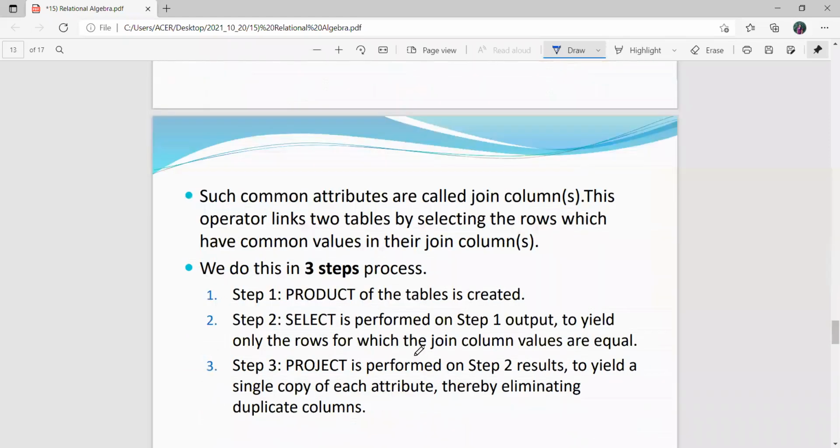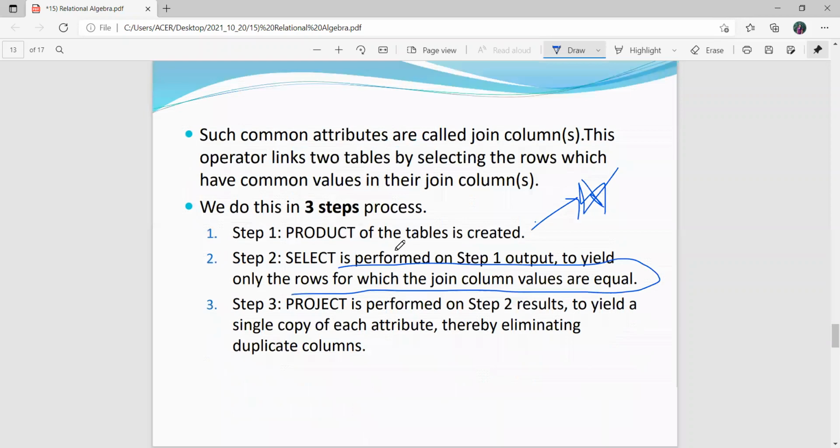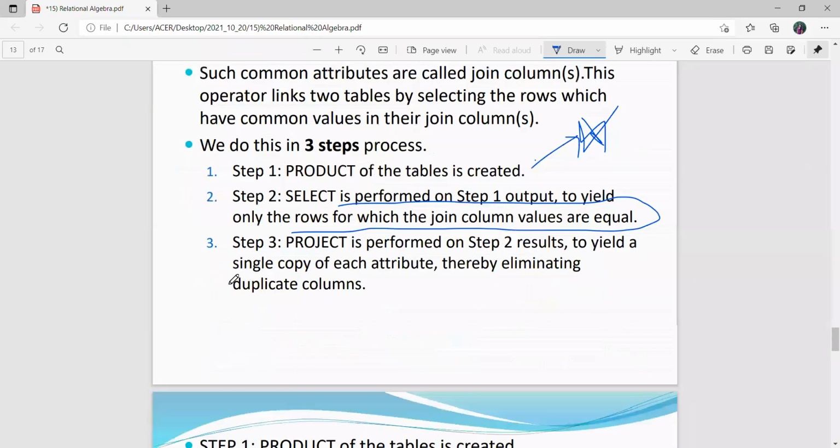Then a select is performed on step 1. That means in this table, you perform the select operator to yield only the rows for which the join column values are equal. After that, you perform the project on step 2 to yield a single copy of each attribute, and in that case they eliminate the duplicate columns.